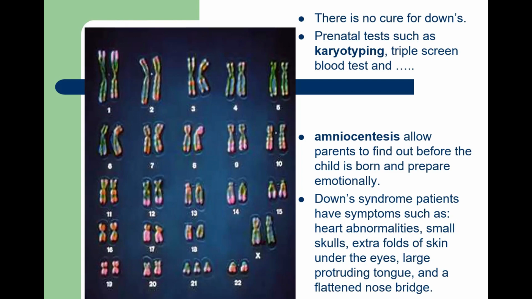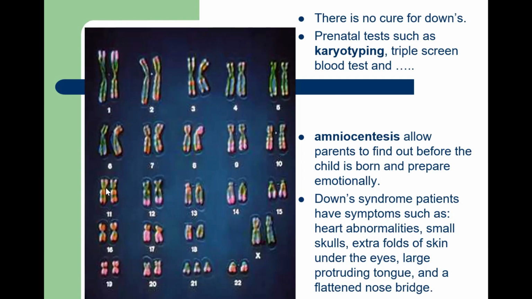And then in addition, we have amniocentesis, which allows the parents to find out before the child is born and prepare emotionally. Down syndrome patients have symptoms such as heart abnormalities, small skull, extra fold of skin under the eyes, large protruding tongue, and a flattened nose bridge.